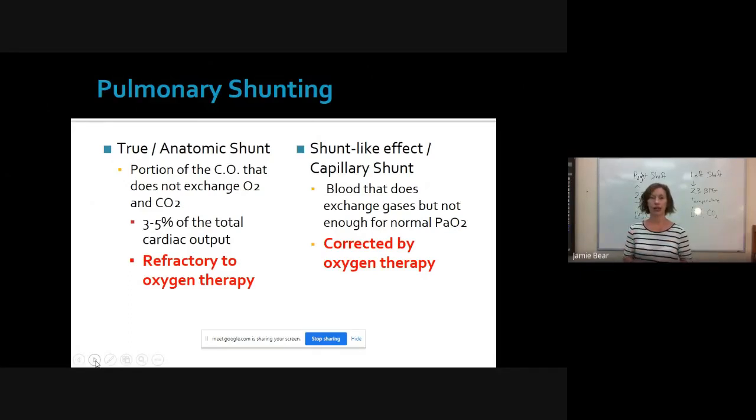So let's take, for example, if a baby is born and they're blue and you give them oxygen and they don't respond at all, perhaps they have an anatomic shunt. Whereas a capillary shunt or a shunt-like effect means if you give them oxygen, that will help, because you're getting more gas flow to that area that does have perfusion.